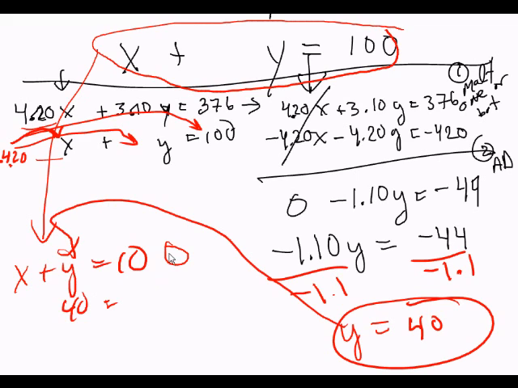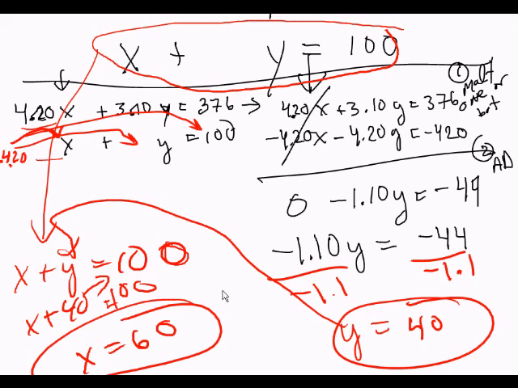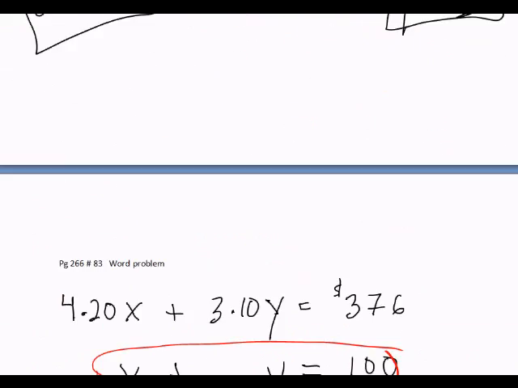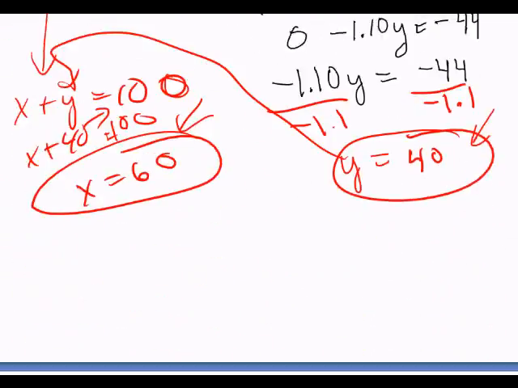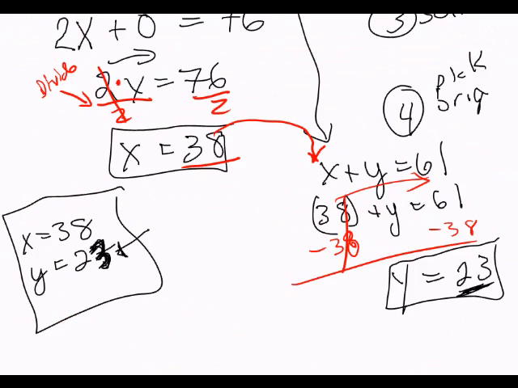Remember, take your original equation, plug the 40 into the y, and then take the 40 over, x equals 60. So the one hamburger is 60 pounds. The other kind of hamburger is 40 pounds.